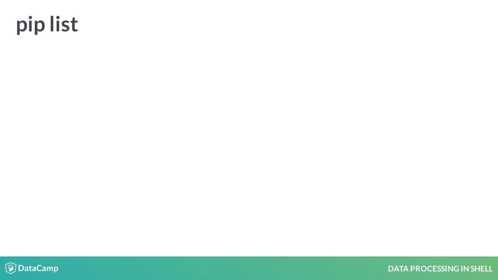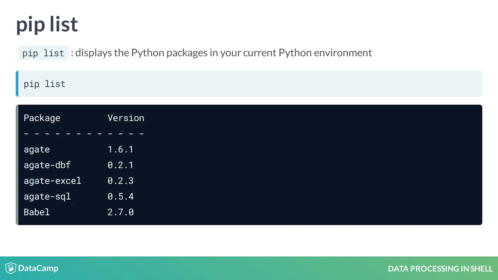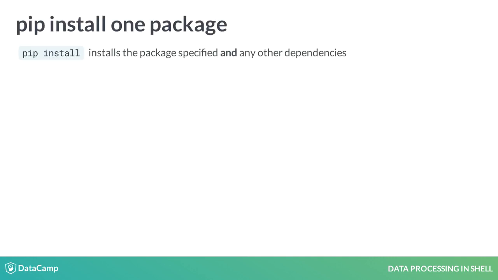Before we do any installing, it's a good idea to see what's already installed. Using pip list on the command line prints an alphabetical list of all the Python packages in your current Python environment. To install a library that's not currently installed, as indicated by pip list, the syntax is pip install followed by the library name.